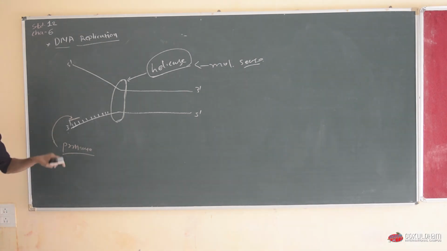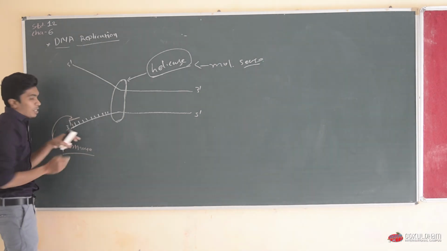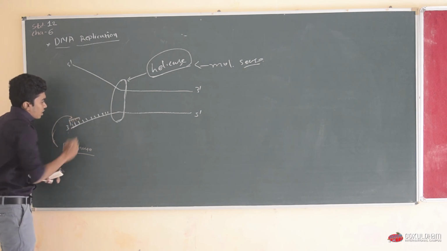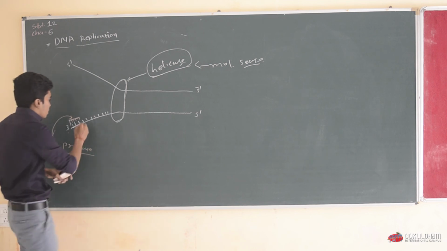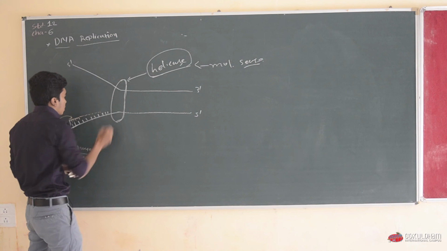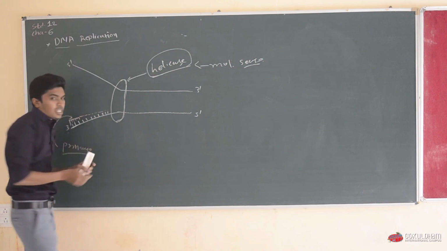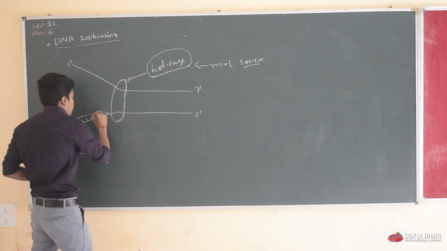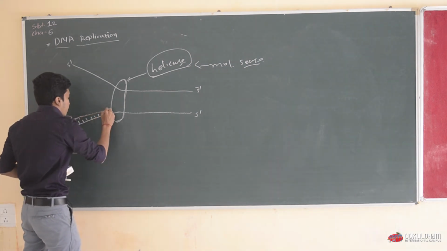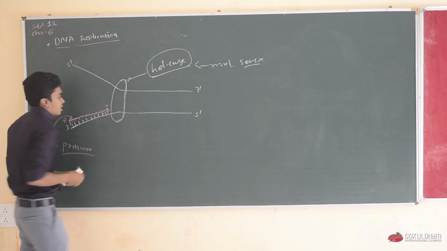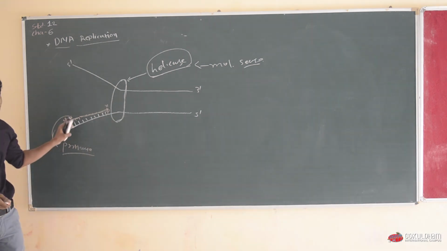After primase adds the primer, another enzyme, DNA polymerase, will continually polymerize the nucleotides, and the new strand will continuously form from 5' to 3' end. Okay, everything is okay here. All right.